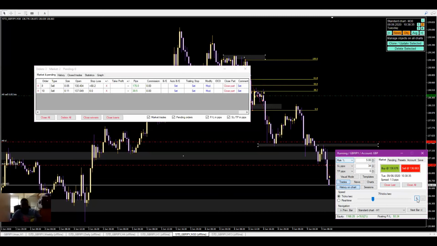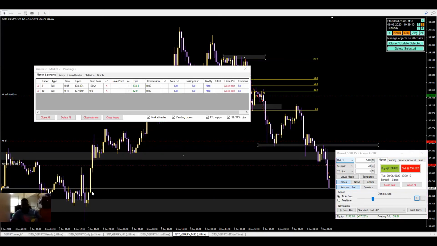But now I'm looking to the left, and you see right here, we're coming towards the end of this big candle right here, and then we're coming into the small candles down here. Right.